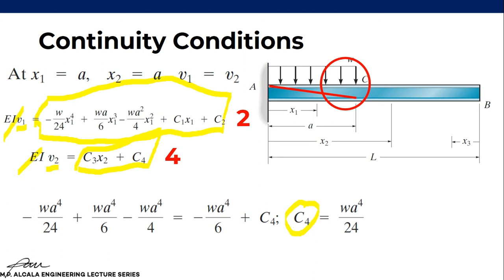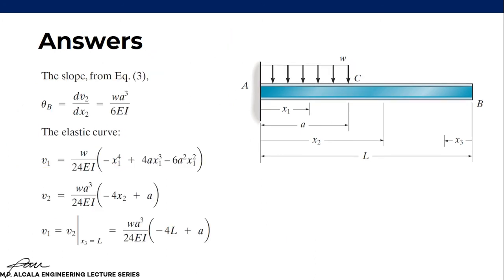This is your deflection, class. Now finally, our answers. We are to find the slope at point B. Now take note, class: the slope here is equivalent, since we are considering a very, very small deflection.